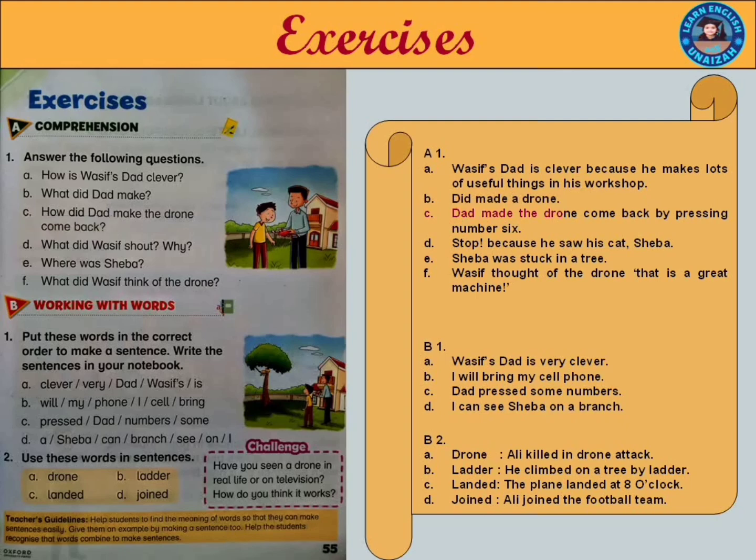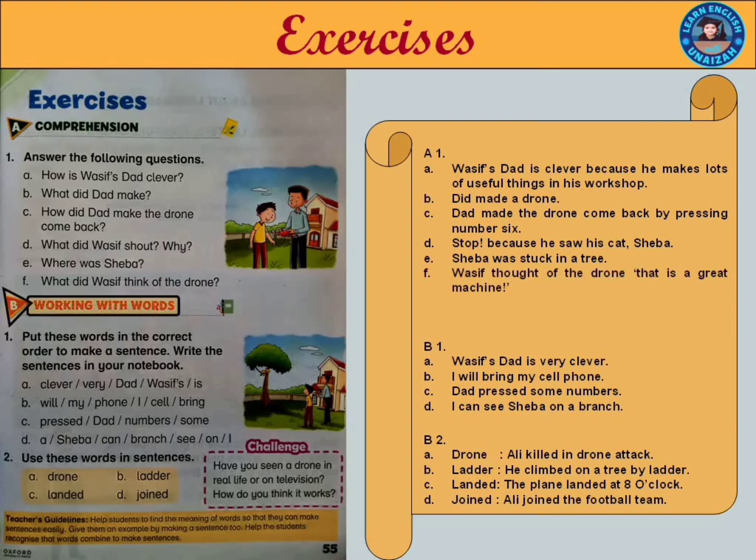Dad made the drone come back by pressing number 6. What did Wasif shout? Why? Stop, because he saw his cat Sheba. Where was Sheba? Sheba was stuck in a tree. What did Wasif think of the drone? Wasif thought of the drone, that is a great machine.